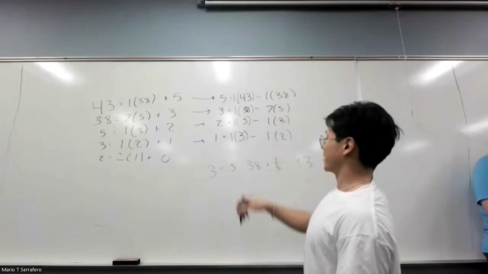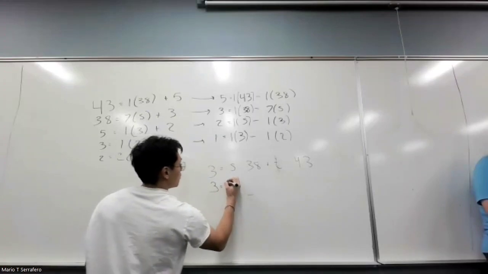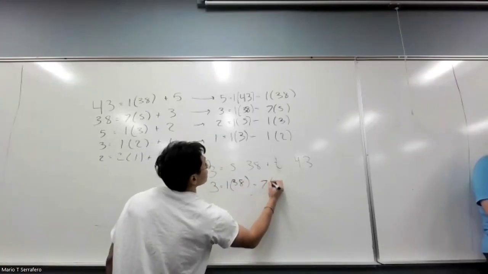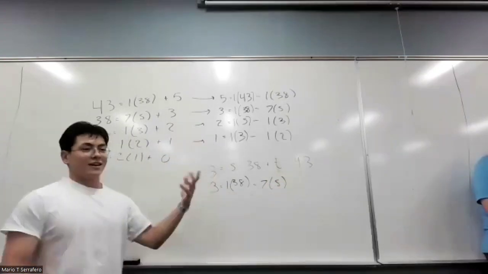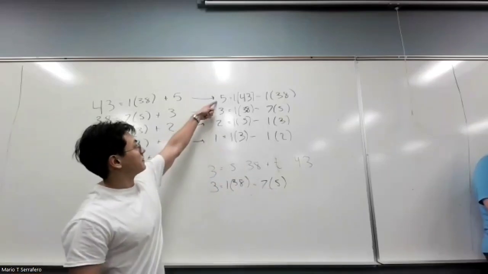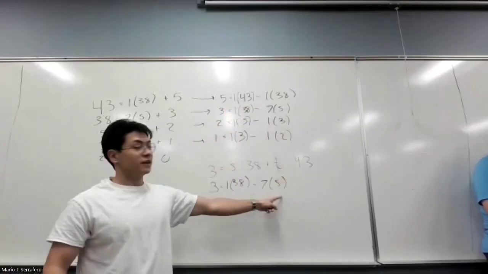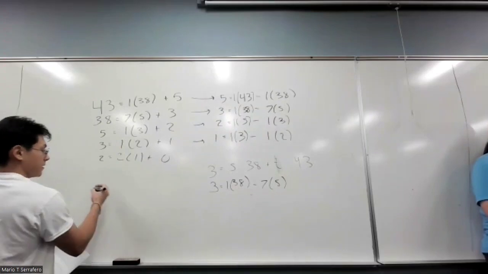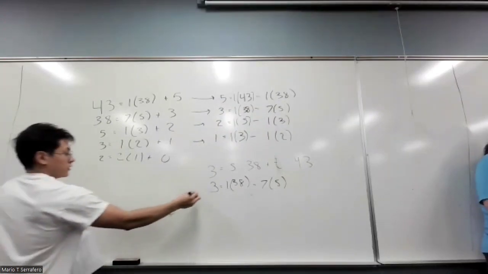So we have 3 equal to 1 times 38 minus 7 times 5. I don't know how to explain this part, I just kind of know it. I see a 5 here and I see a 5 here, and 5 is equal to this. So I can put this in place of that 5. It's the same principle as substituting for a variable in a traditional algebraic sense. We're just substituting for an actual number instead of a variable.